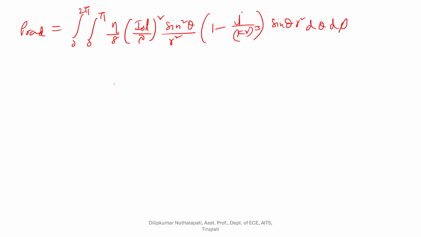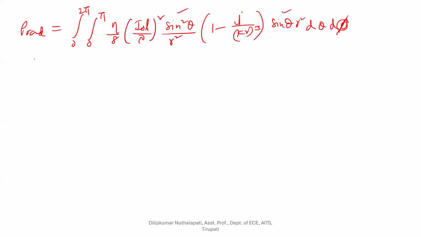So in order to simplify this integration easily, there are no dφ terms in this integration, but the dependent terms of θ are only sin θ. As there are two sine components here, sin² and sin θ will become sin³ θ.